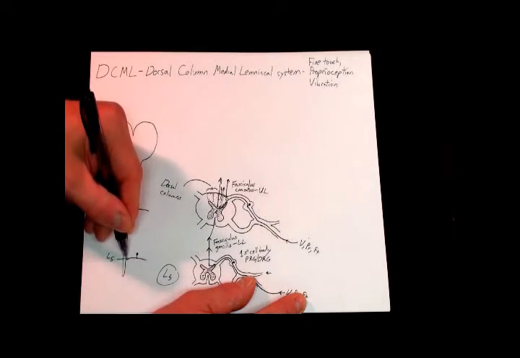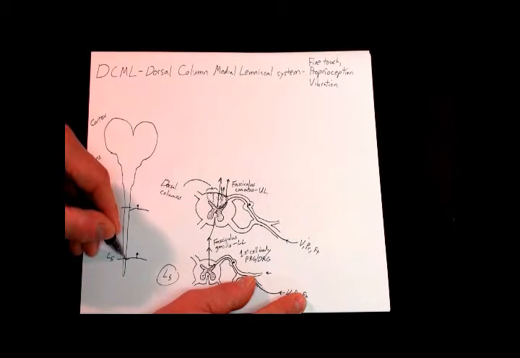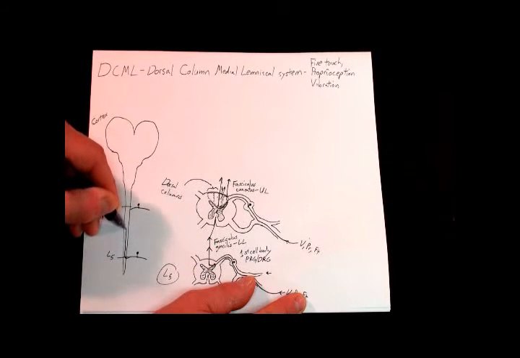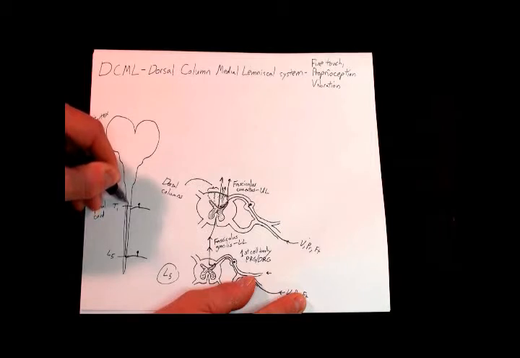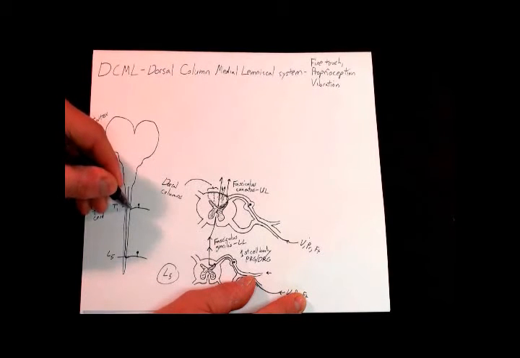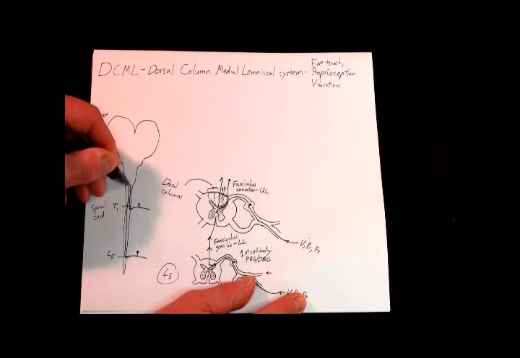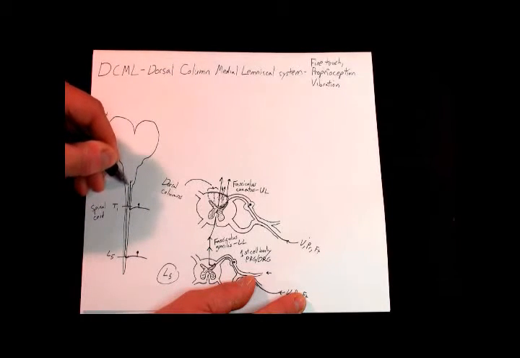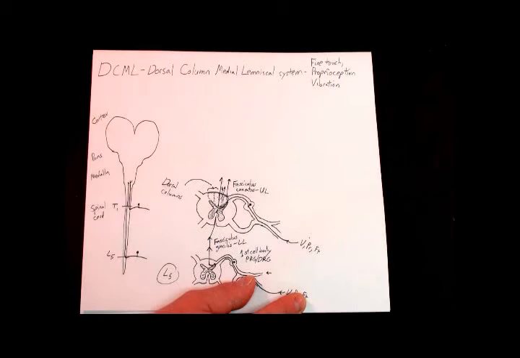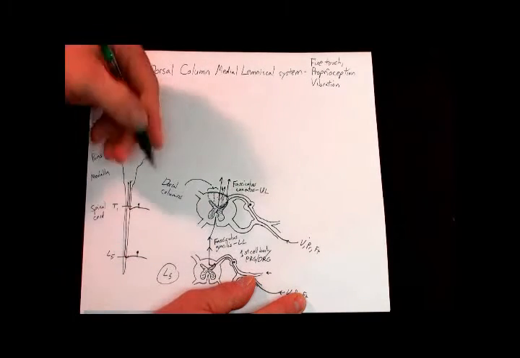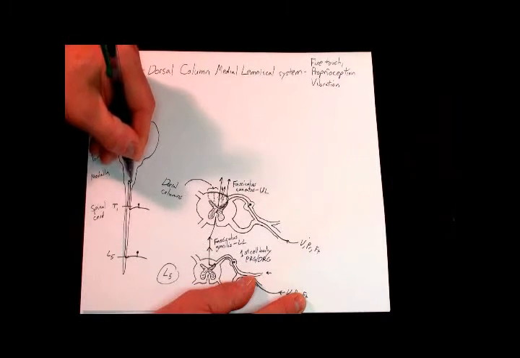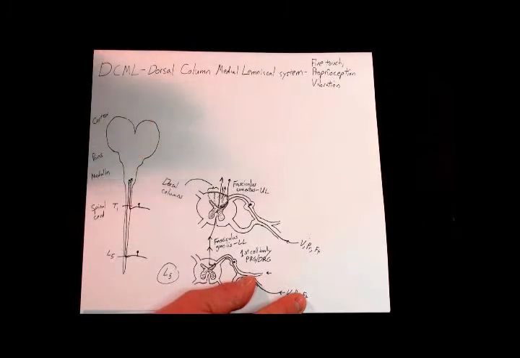So we've got these axons entering and ascending if they're from the lower limb in the fasciculus gracilis. And if they're coming from the upper limb or anywhere above T5, they're ascending similarly in the fasciculus cuneatus. And when they reach the lower part of the medulla, they are going to synapse. And we're going to color those cell bodies that they synapse with right in here in green.